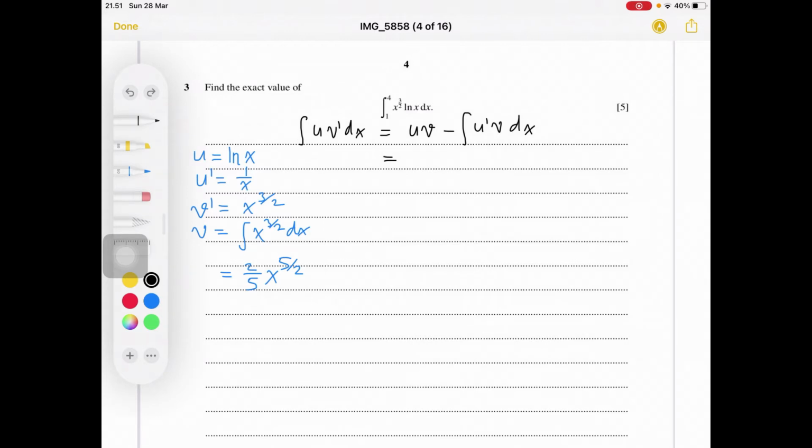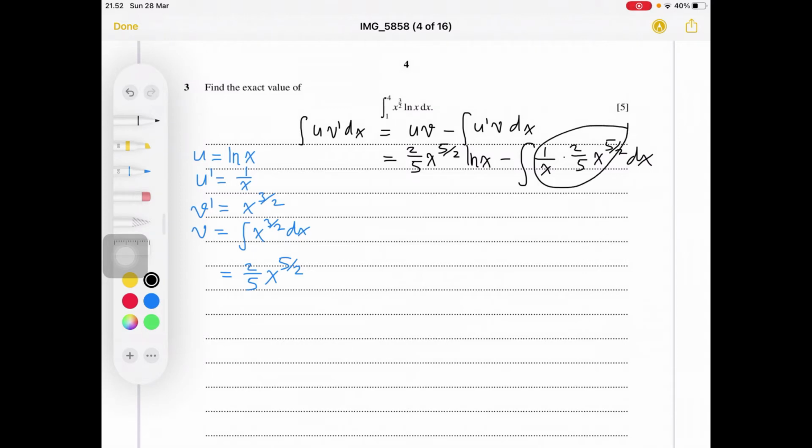uv is 2 over 5 x to the power of 5 over 2 ln x minus integral u prime times v, 1 over x times 2 over 5 x to the power of 5 over 2 dx.